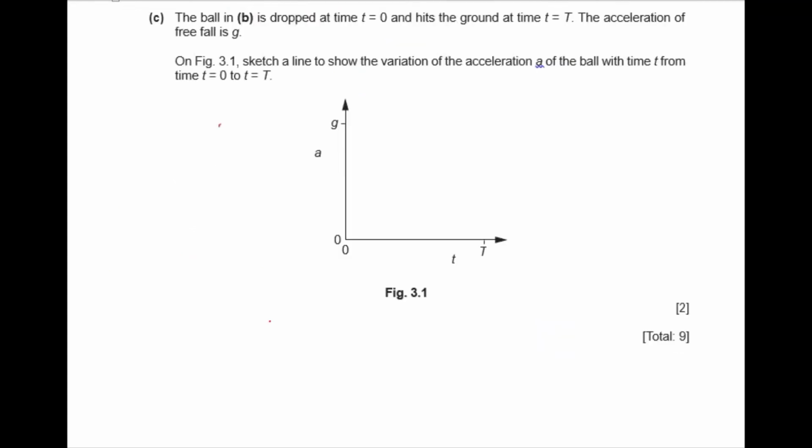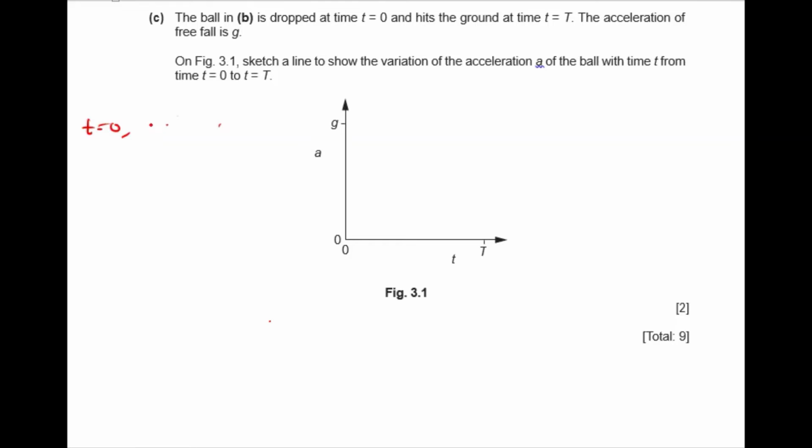3C, the ball in B is dropped at time t equals 0 and hits the ground at time t equals T. The acceleration of free fall is g. On figure 3.1, sketch a line to show the variation of the acceleration a of the ball with time t from t equals 0 to t equals T. Okay, so starting point, t equals 0.